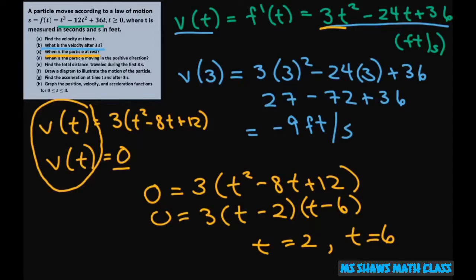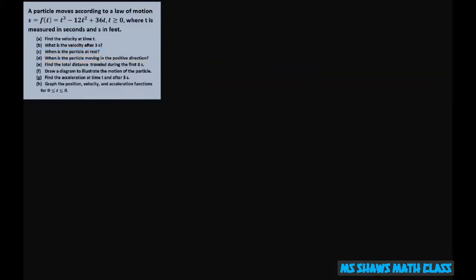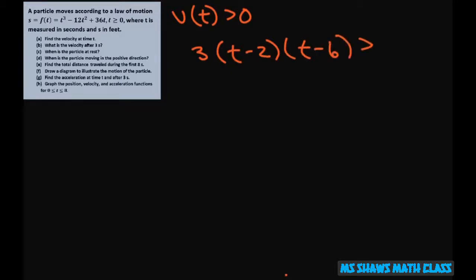All right? When is the particle moving in a positive direction? So I'm going to copy t minus 6 over here. If it's positive, v of t is positive. So we have 3 times t minus 2 times t minus 6. That must be positive. So I just do a little line graph here, and I'm going to put 2 and 6.